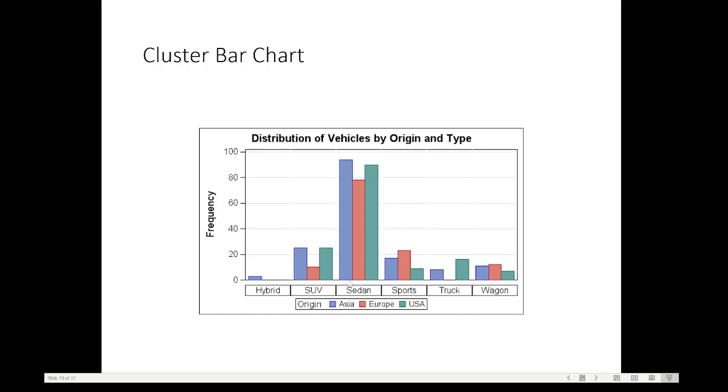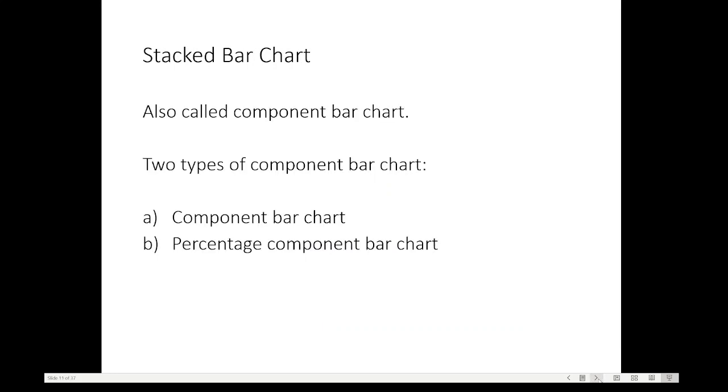Okay, macam ni ada putih-putih kat tengah-tengah ni kan. So itulah yang memberikan dia sebagai cluster bar chart. So remember, for cluster bar chart, the bar is placed side by side. Okay, side by side. Okay, so this is cluster bar chart.